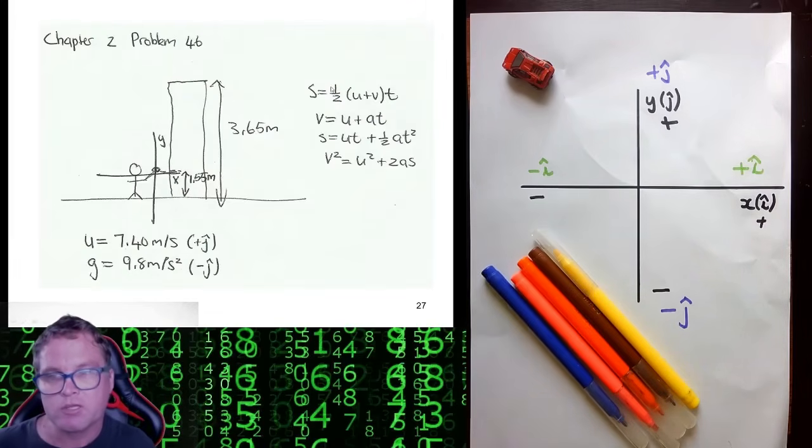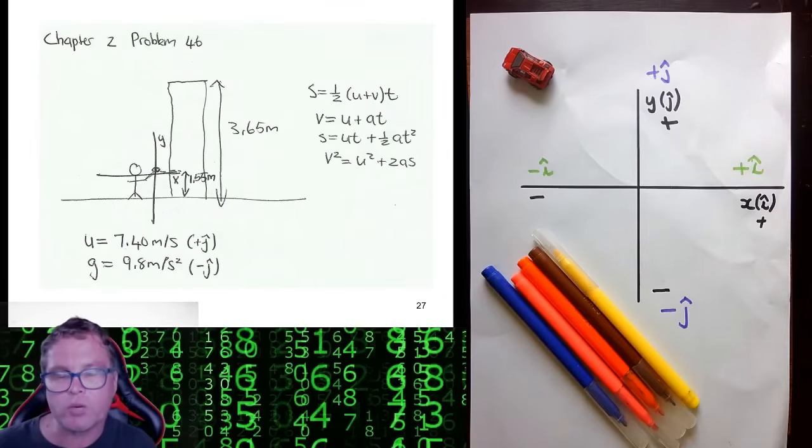So for this reason we set u equal to 7.4 meters per second, in the plus j hat direction, because it's going upwards. Gravity is always acting downwards in the minus j hat direction. And for part A, we've been asked, will this rock reach the top of the wall?